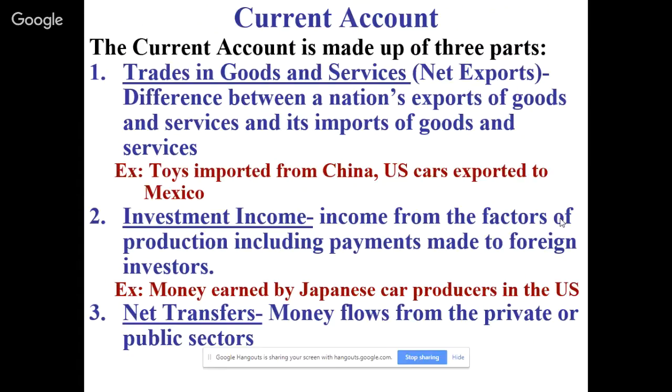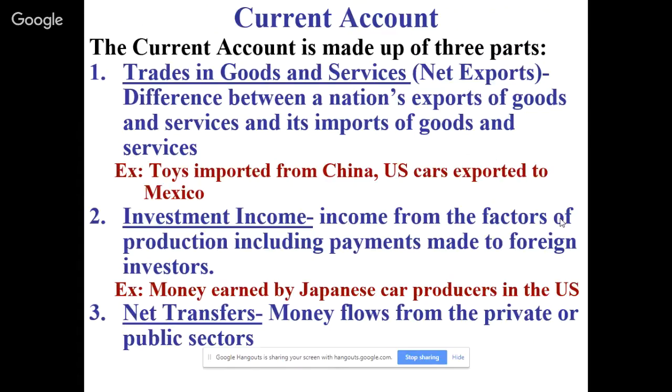That is net export, the difference between exports and imports, like I said before. For example, toys that we buy from China or cars that are sent to Mexico. Those are trade between nations of goods and services. So we have investment income. Like I said, let's say Michael, who's an American citizen, buys a house in China.